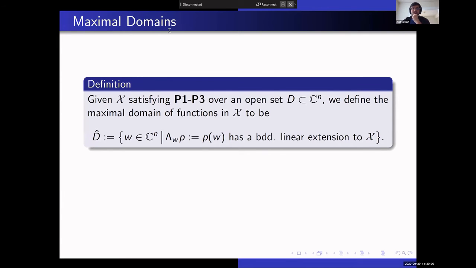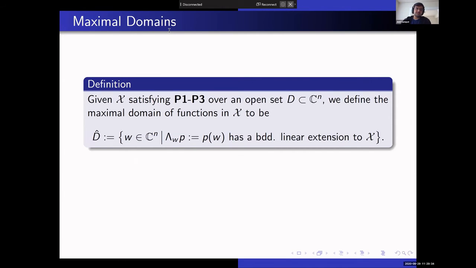I'm going to define what maximal domains are, but I should point out, I got this idea from a paper I was reading by, I think, John McCarthy, Michael Hartz, and a couple others. Sorry, I don't remember the names of everybody. I apologize for that. And they talk about different notions of maximal domains, depending on what kind of structure you want from your space to be extended.